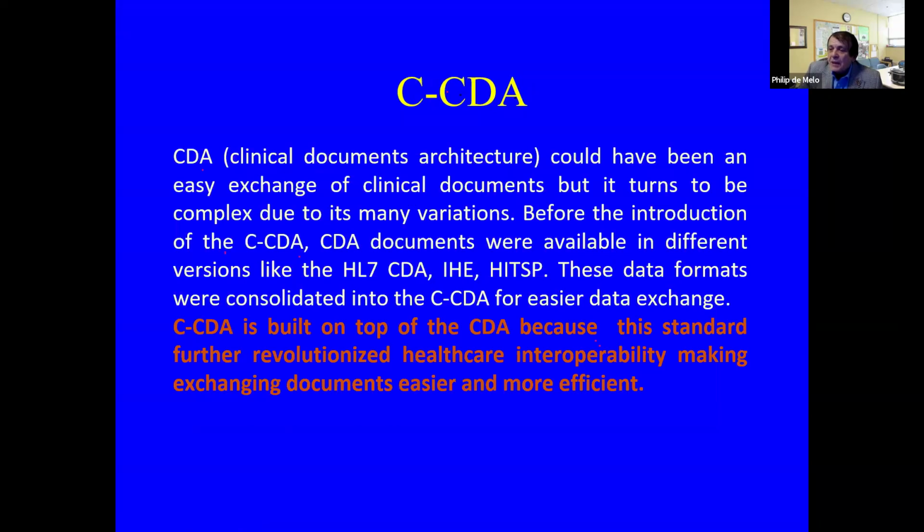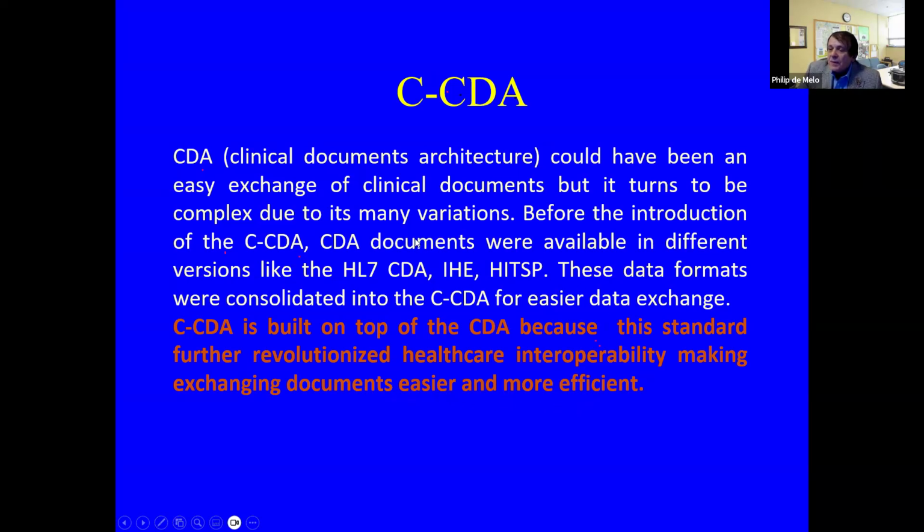CDA is the Clinical Document Architecture, and C-CDA is called Consolidated Clinical Document Architecture. I'm not going to describe the standard in all detail, but for example, the consolidated CDA is built on top of the CDA because the standard further optimizes healthcare interoperability, making exchange of documents easier and more efficient.